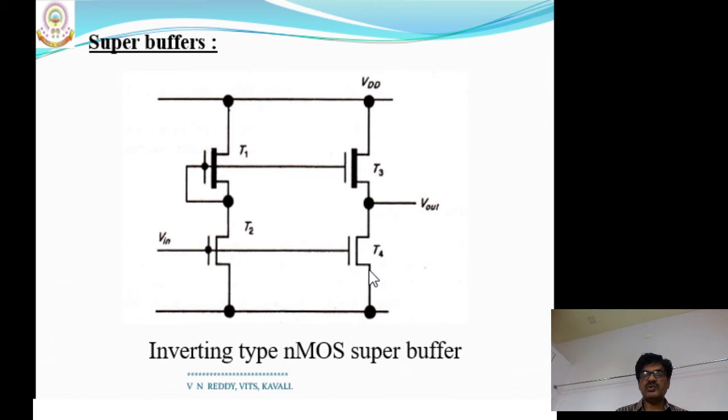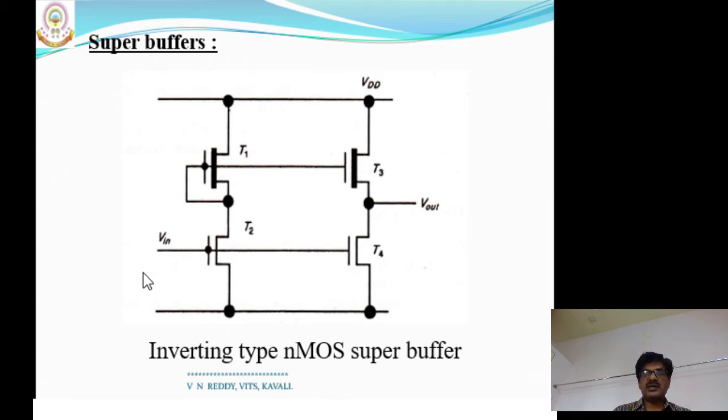So both T2 and T4 are in the on state and T3 acts as an open circuit. Therefore, the output is across the short-circuited transistor T4, which is a very small voltage. Therefore, the output is considered logic 0. So definitely, if you observe the output, we are getting the complement of the input. What is the input value? Logic 1. What is the output value? Logic 0. Right?